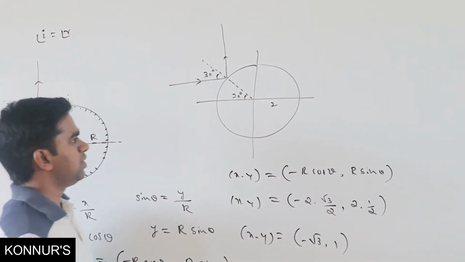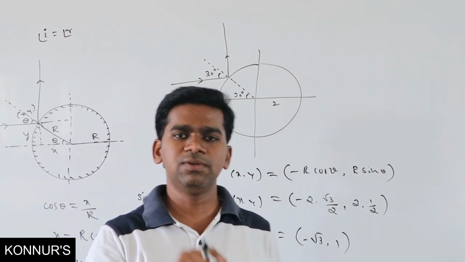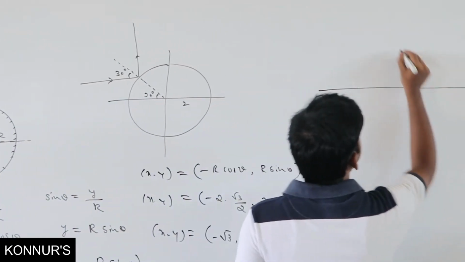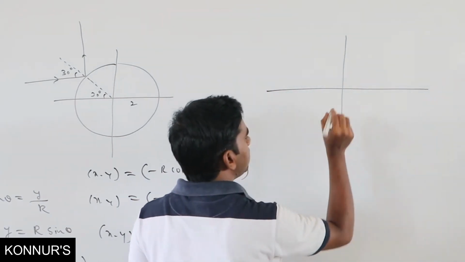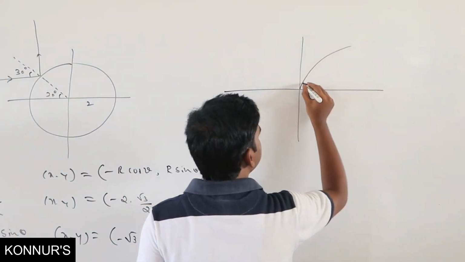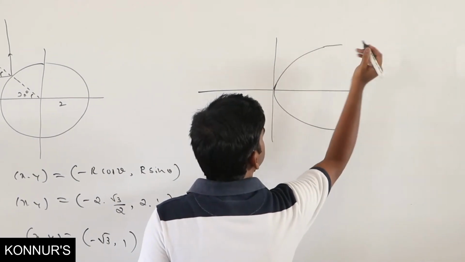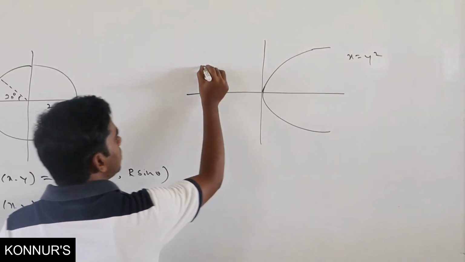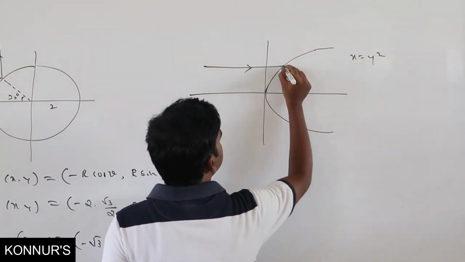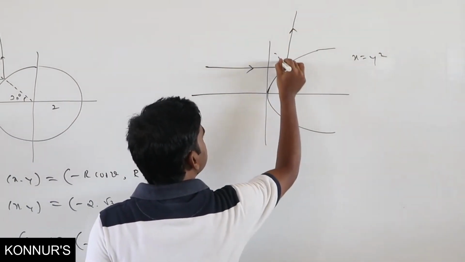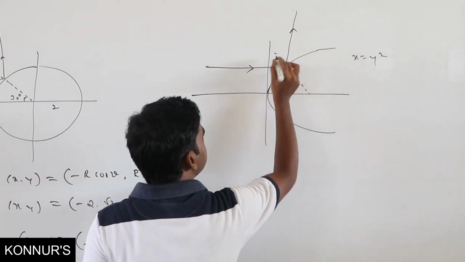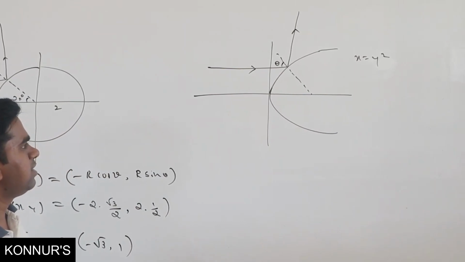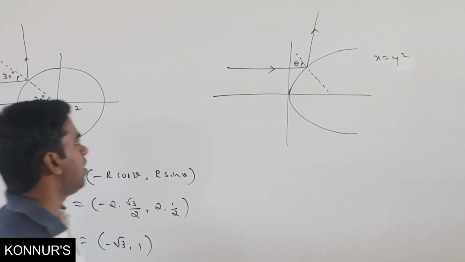Okay. Instead of the sphere, suppose they give some other curve as the reflecting surface, like this. Suppose x equals y square is the curve. So the ray is incident here and it will reflect. Say the angle of incidence is theta. Now how can we calculate the coordinates x comma y?